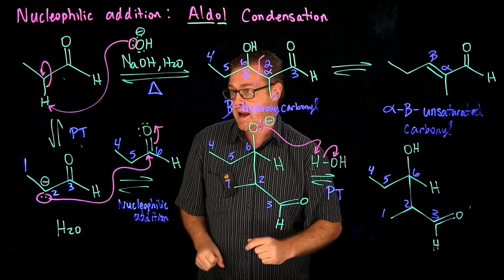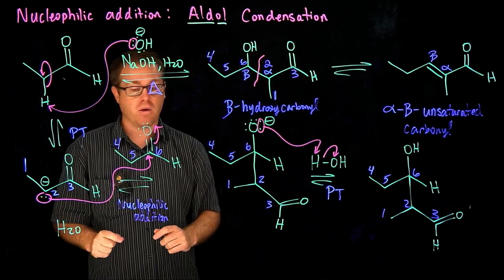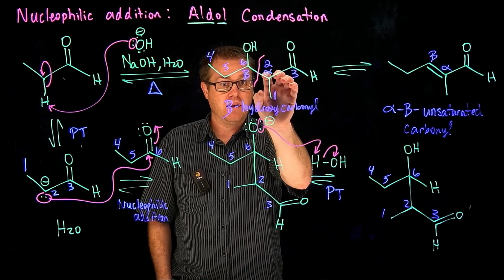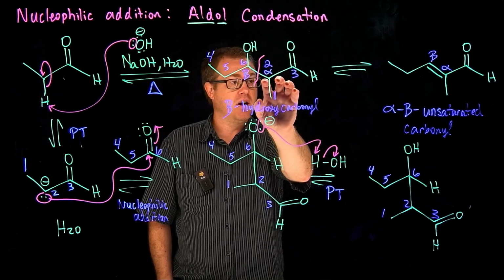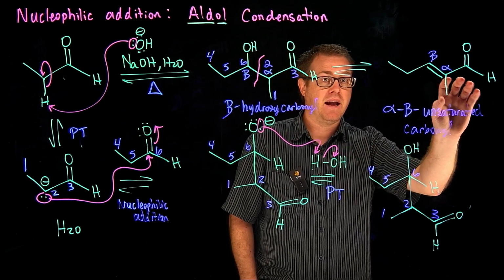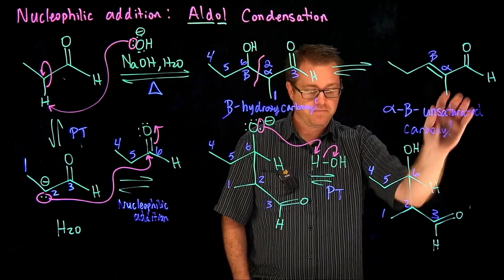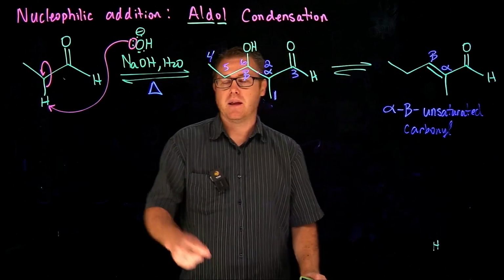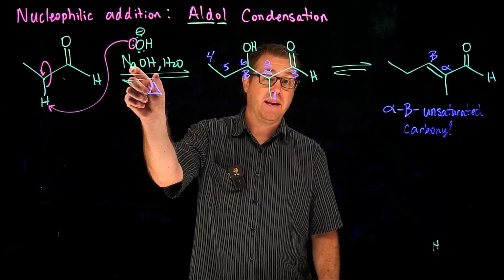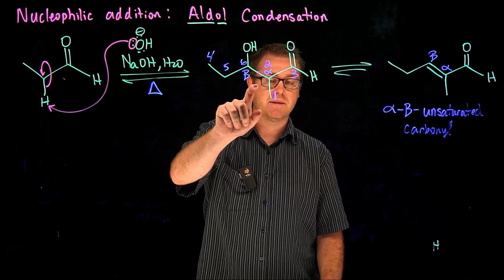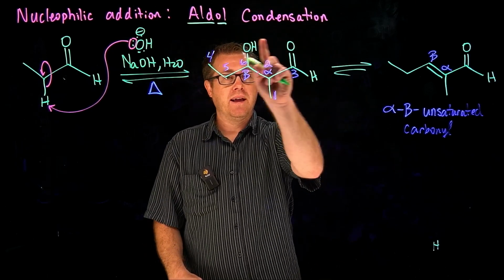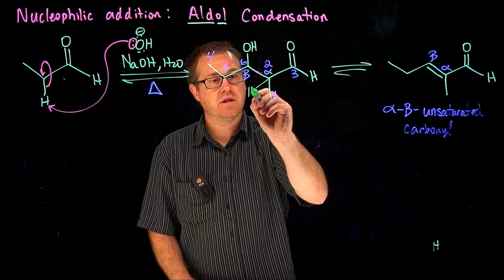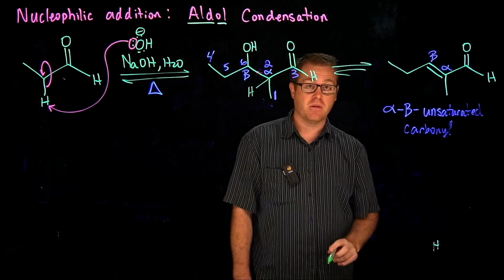And so I need to erase this board right here so we can look at the mechanism from the beta-hydroxy carbonyl compound to the alpha-beta unsaturated carbonyl compound. So the next step, we realize that we are still under basic conditions when we've made this. And so when I take a look at this molecule here, we still have a hydrogen on that alpha carbon.